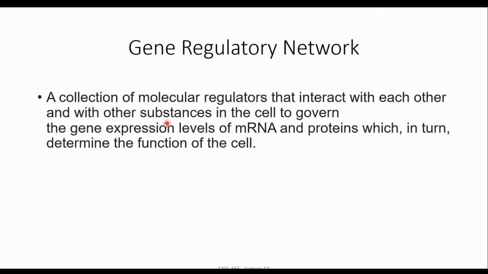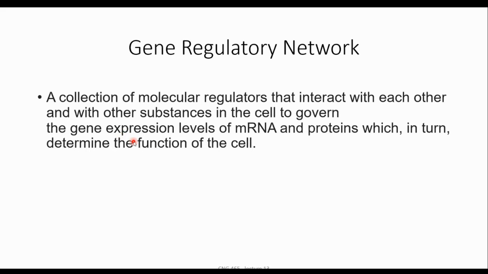And we can talk about it through gene expression. Whenever we see a high level of mRNA or protein, then we can say that the gene expression is upregulated because the level is increasing. And whenever it is decreasing, we say that the gene expression is downregulated. So these two terms also are used for gene expression.